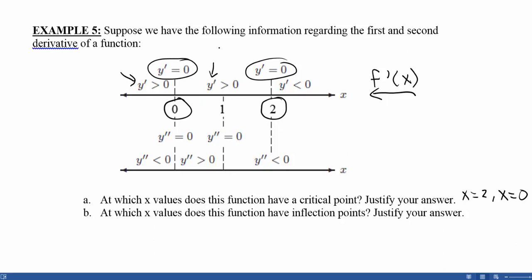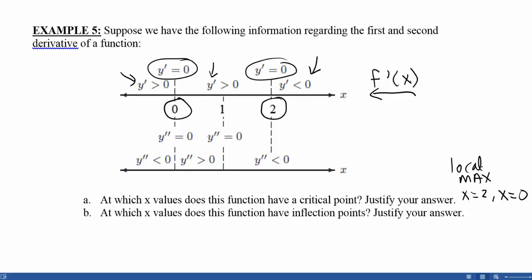So x equals 0 is not a local max or a local min. However, if you look at 2, to the left of 2, my first derivative is positive, but to the right of 2, my first derivative is negative. So if your first derivative changes from positive to negative, that means your original function was increasing and then decreasing, which means 2 is a local max. So that's some interesting information to figure out here.